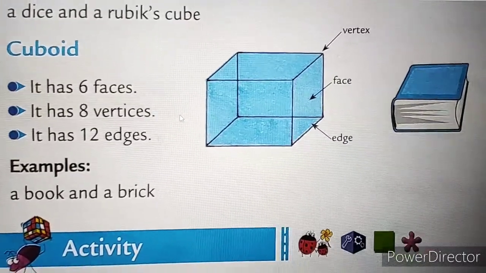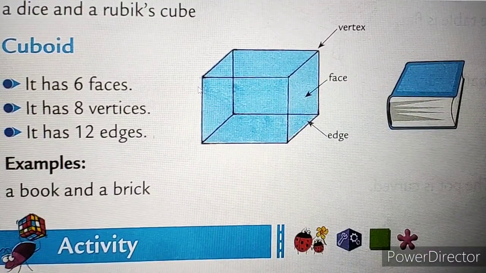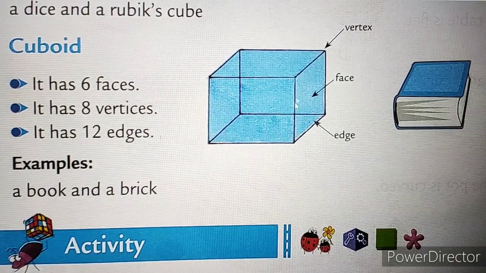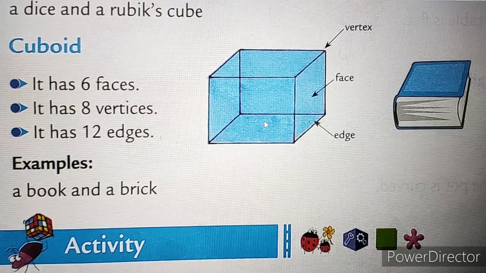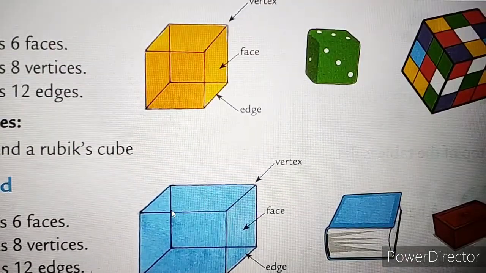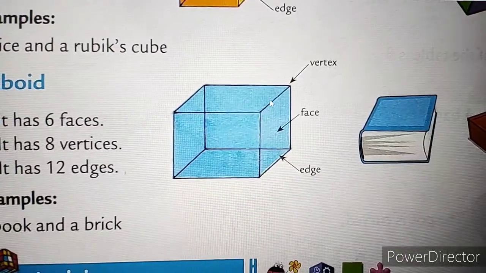Now, next we will talk about cuboid. This is also a solid shape, but it is made by rectangles. Previously, these were made by squares and these are made by rectangles. See, this is also the same as a cube, but it has some difference.